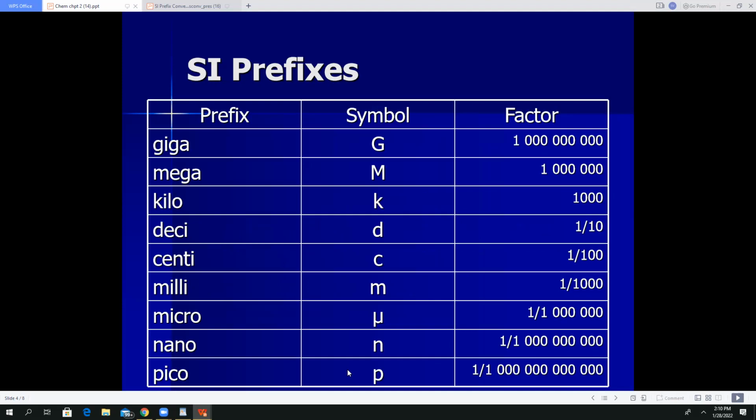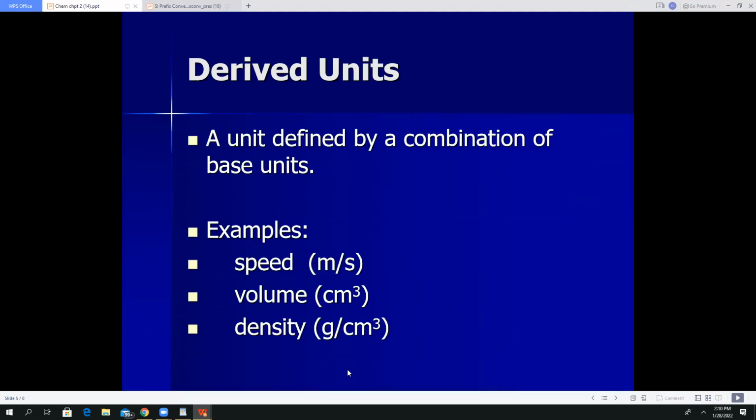If it's a gigasecond, then it's 10 to the 9th seconds. If it's a giga, whatever it is, it's 10 to the 9th, okay? So that's how it works here. And there's all of your prefixes, which you have, and I'll show you where they are.